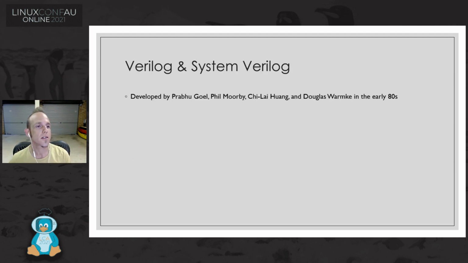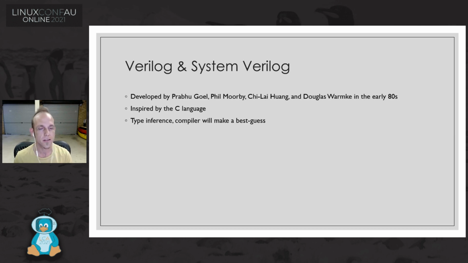Verilog and System Verilog are another flavor of hardware description language. Verilog was developed by a bunch of academics back in the early 80s, and this time it was inspired by the C programming language. So if you know C, you're going to feel pretty at home with Verilog. The difference here is that Verilog uses type inference. So the compiler most of the time is going to make a best guess at what you're doing when you're sending signals around in your design, which can come back to bite you if you're not careful.